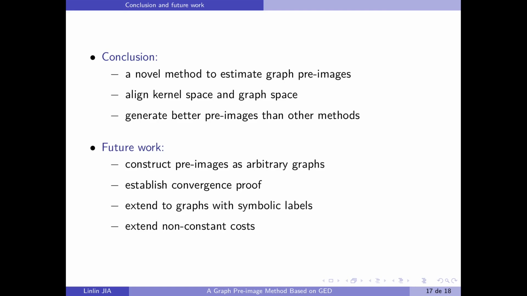The future work includes constructing the pre-image as arbitrary graphs instead of just the median graph. And we will also establish a convergence proof for our optimization procedure. It will also be interesting to extend our method to graphs with symbolic labels and to non-constant costs. And that would be all.